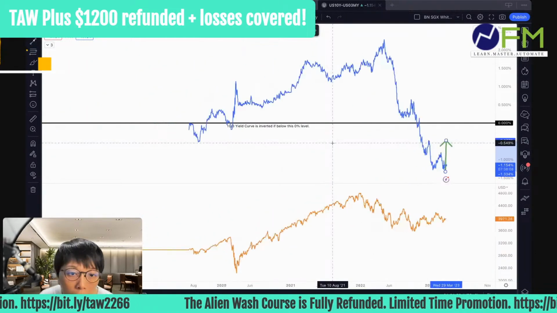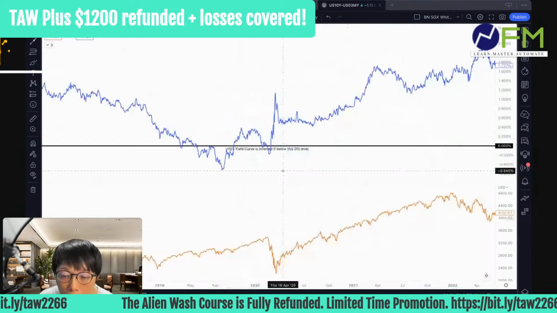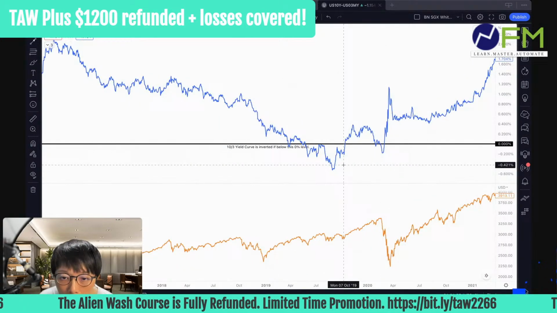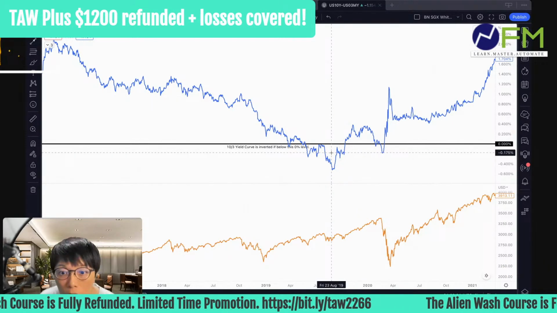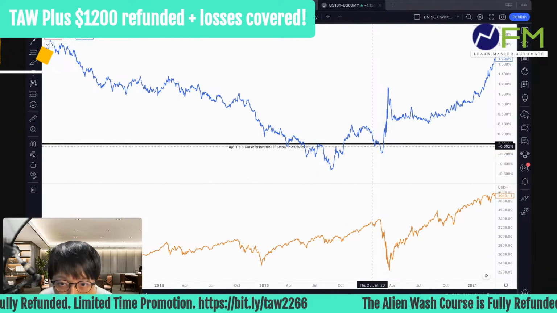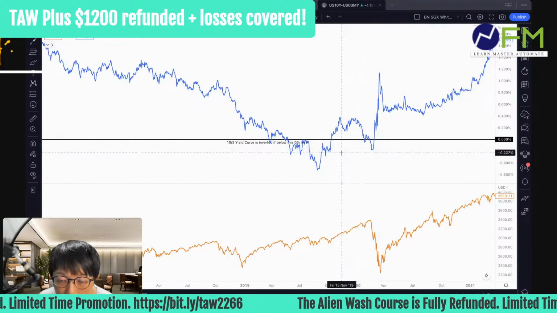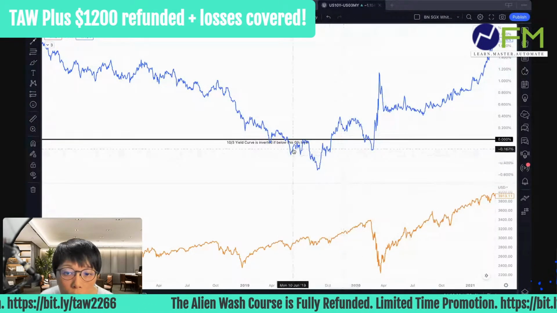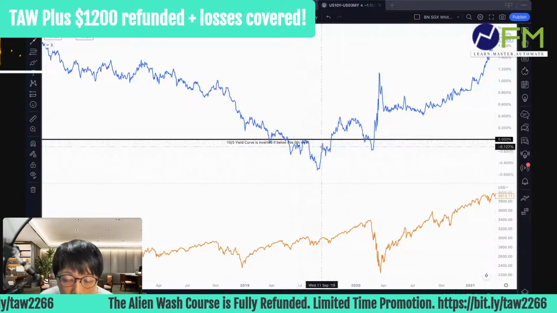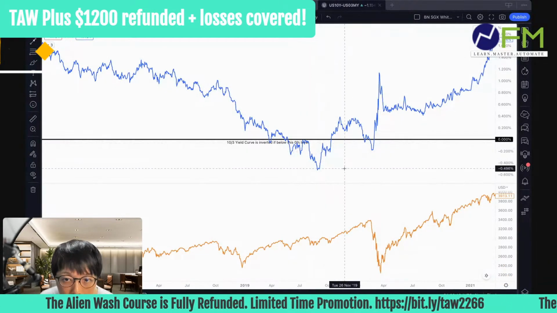But let's take a look at it historically. This period here was 2020, during the COVID period. For the COVID period, the yield curve for 10 and 3 went into inversion.